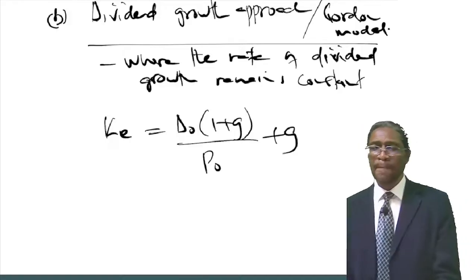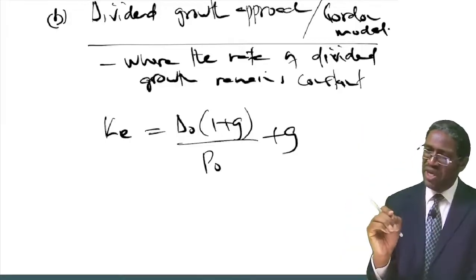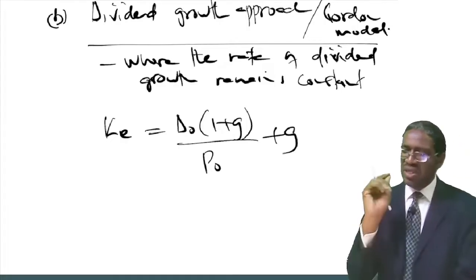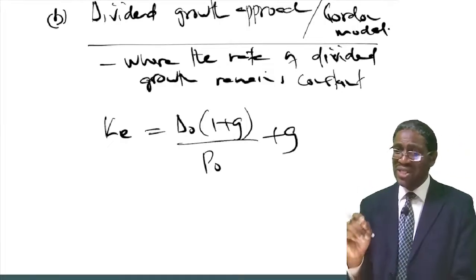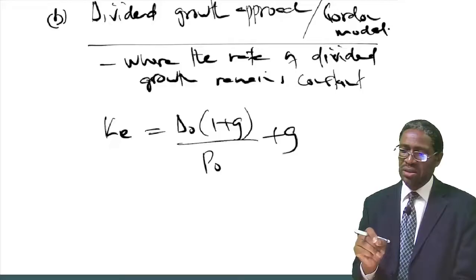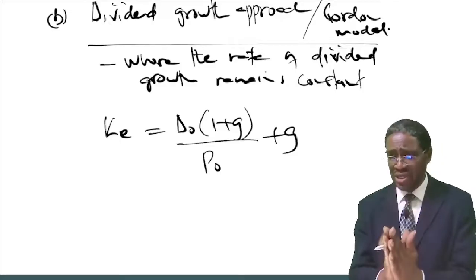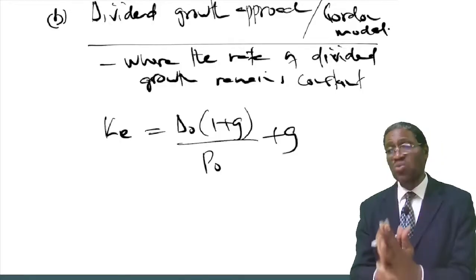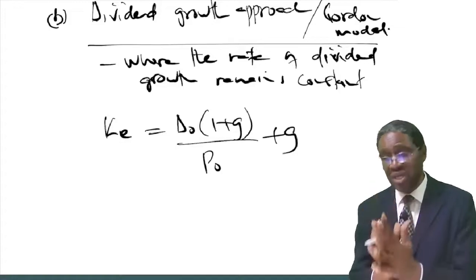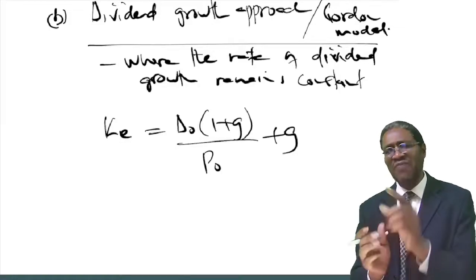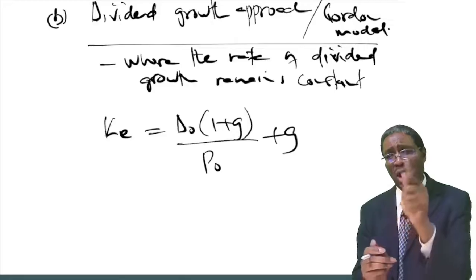Now, D0 there represents what you have paid in the past, like the latest dividend that was paid last year. You multiply that by (1 plus g).